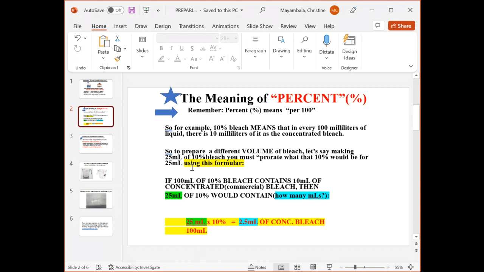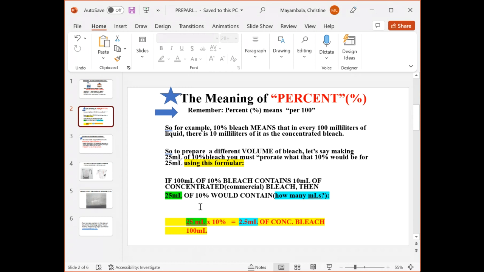Now, when it comes to a disinfectant like 70% ethanol, it shouldn't be any different, because if I ask you to make 25 milliliters of 70% ethanol, you'd have the same volume of 25 milliliters in that little formula that you're looking at. But instead of the 10%, the concentration of the disinfectant I want you to make is 70%. So instead of having that 10% in the formula, you put 70, and it will be 25 divided by 100 times 70, and you'd get your answer.